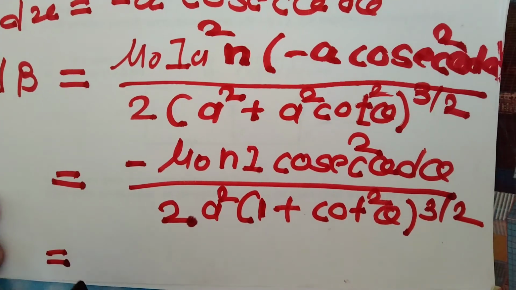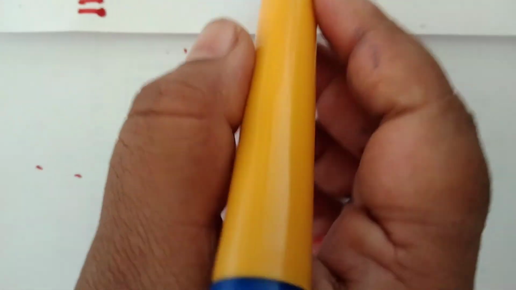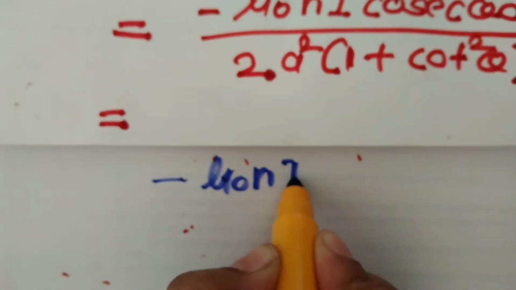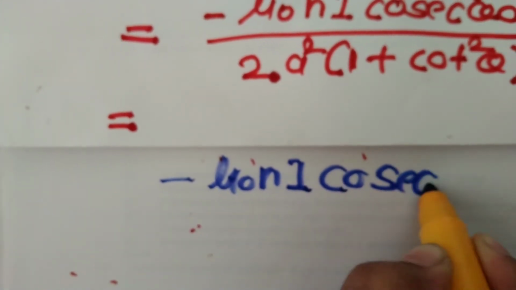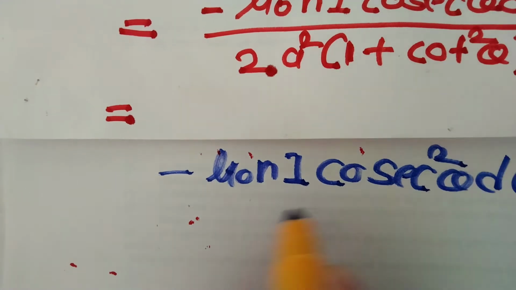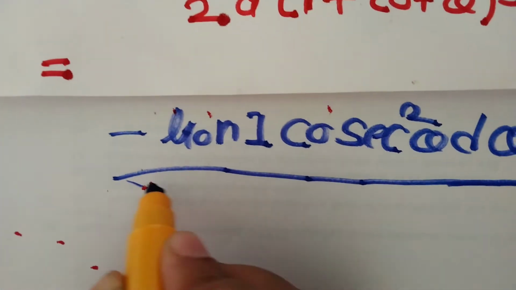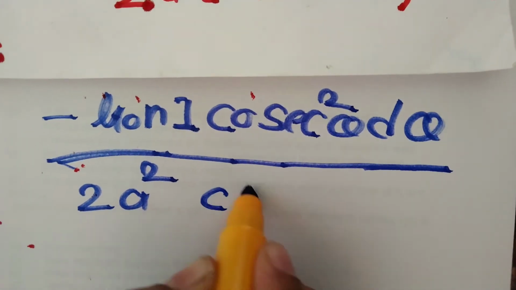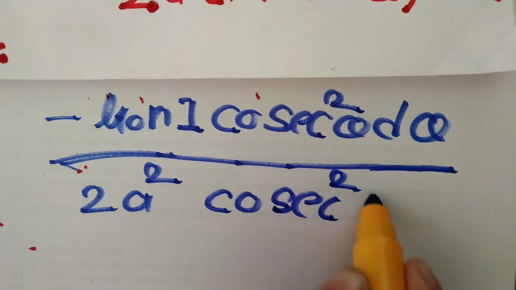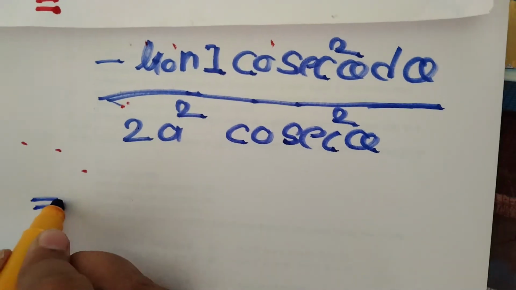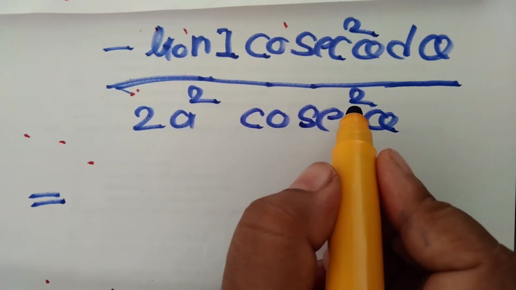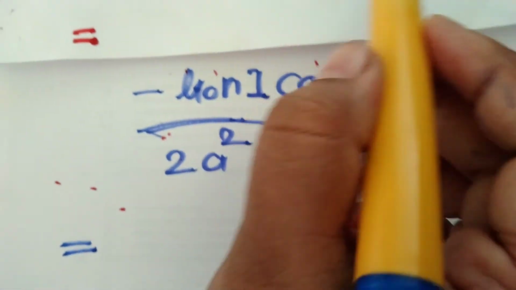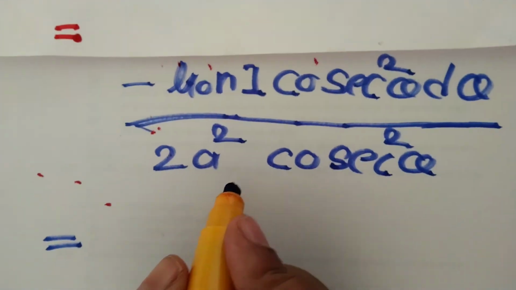We will get minus mu naught n I cosec square theta d theta divided by 2 into a square, 1 plus cot square is equal to cosec square theta, so the a cancels, and 1 plus cot square gives cosec square.